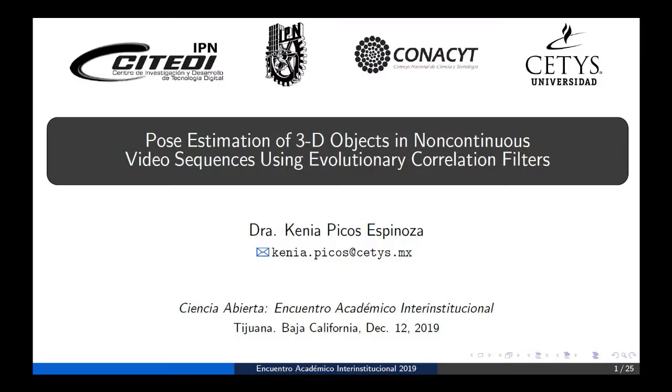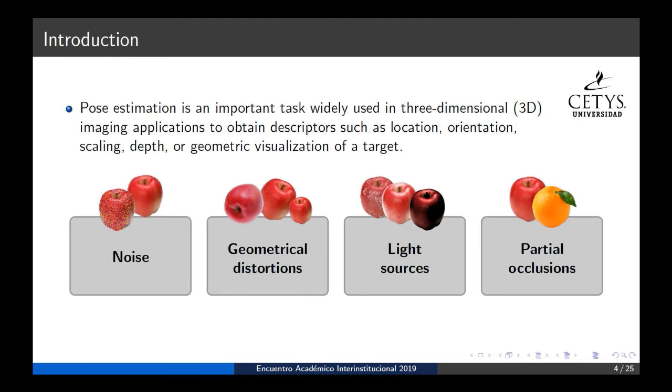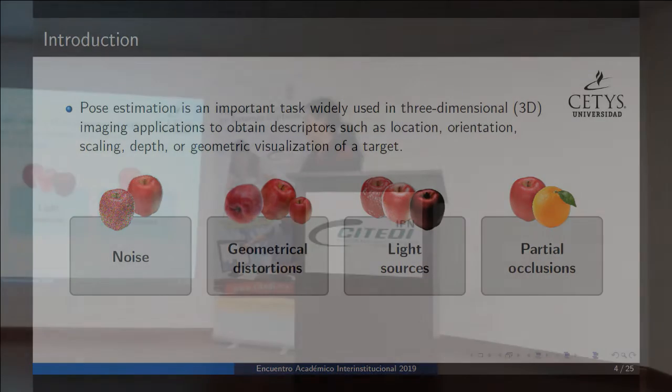Pose estimation is a research task for imaging applications to obtain descriptors, such as location, orientation, scaling, depth information, geometric distortions, or change of appearance of an object. That is noise, geometrical distortions, light sources in a real scene.